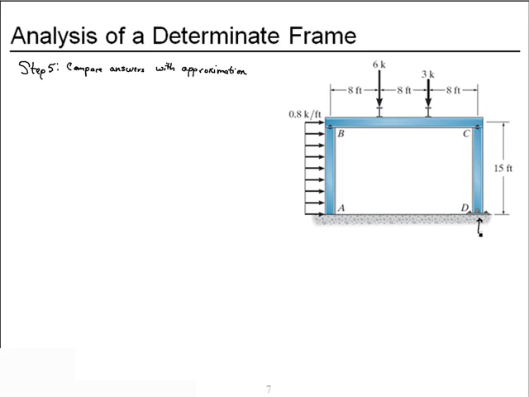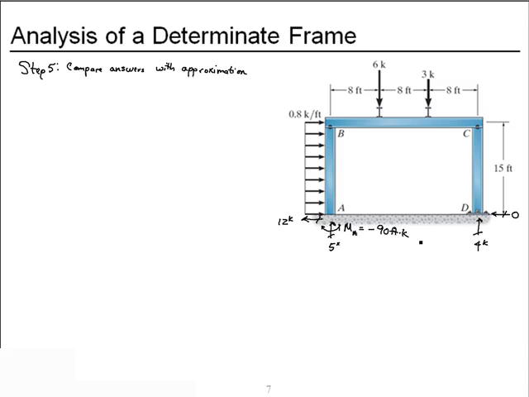We got a DY of 4 kips up, a DX of 0 kips, an AX of 12 kips to the left, an AY of 5 kips up, and our moment reaction at A was not clockwise like we drew it, but counterclockwise, 90 foot kips.